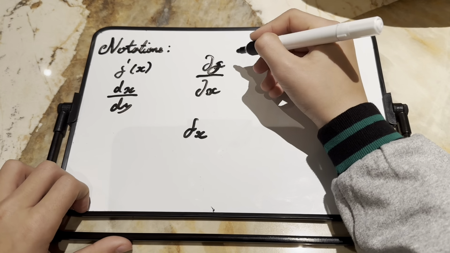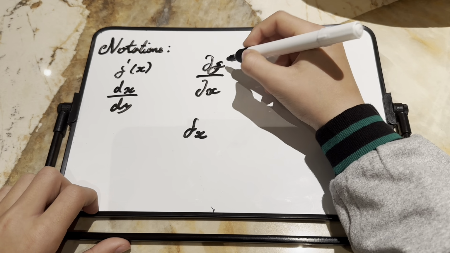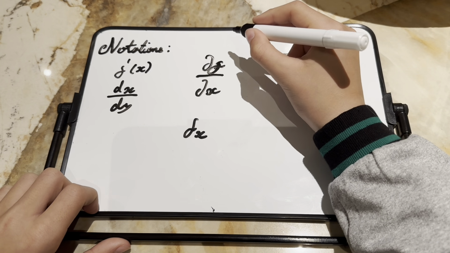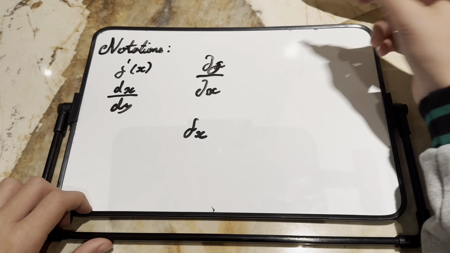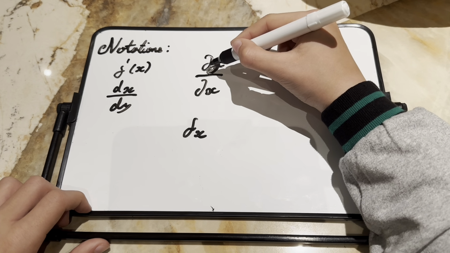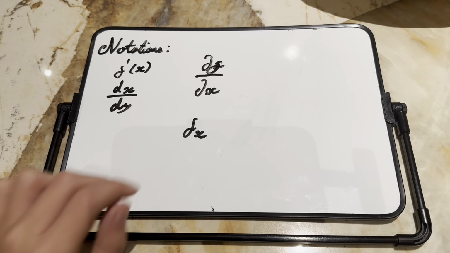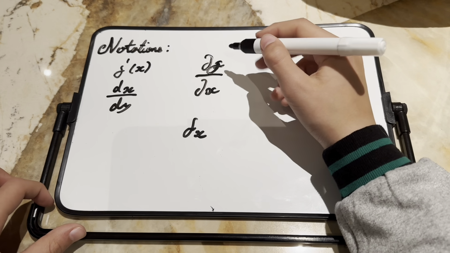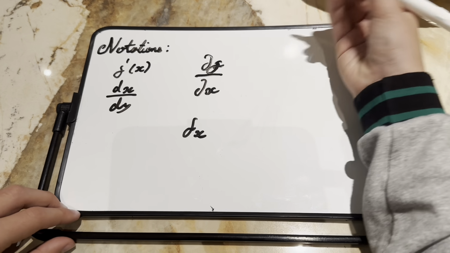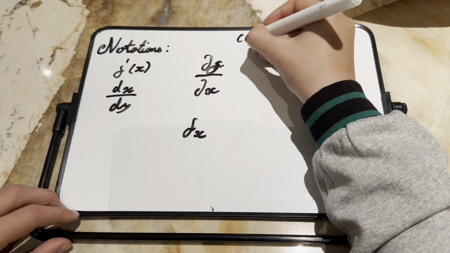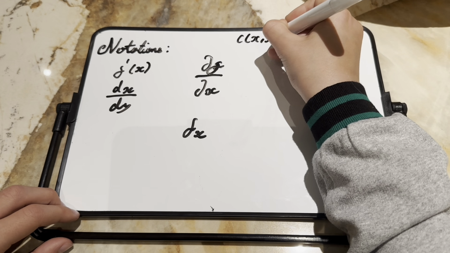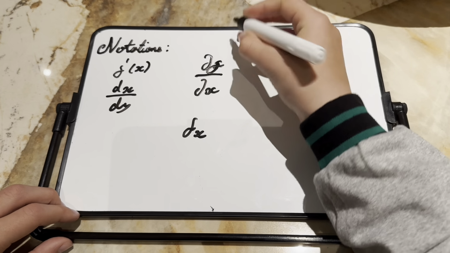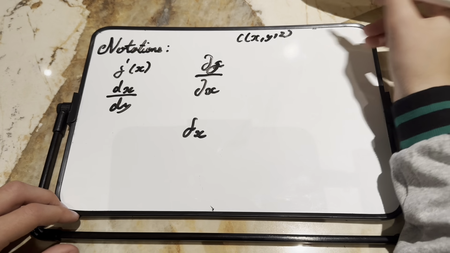So this, you might think, oh, just df over dx, right? That's normal. But if you notice, it's actually a curved d. And you might be wondering, what is f doing here? Isn't it usually f of x? And yes, that's true. If it was c of x, y, z, then we would have c over here.